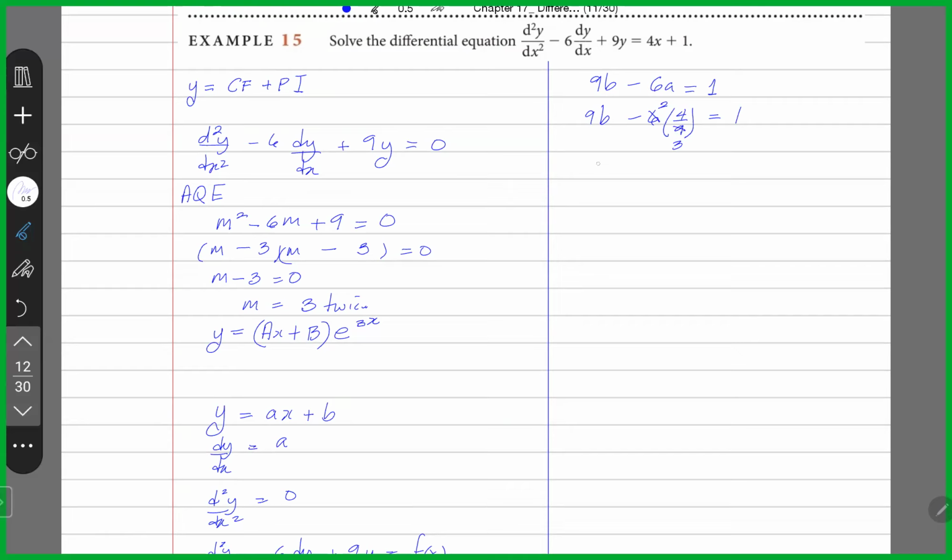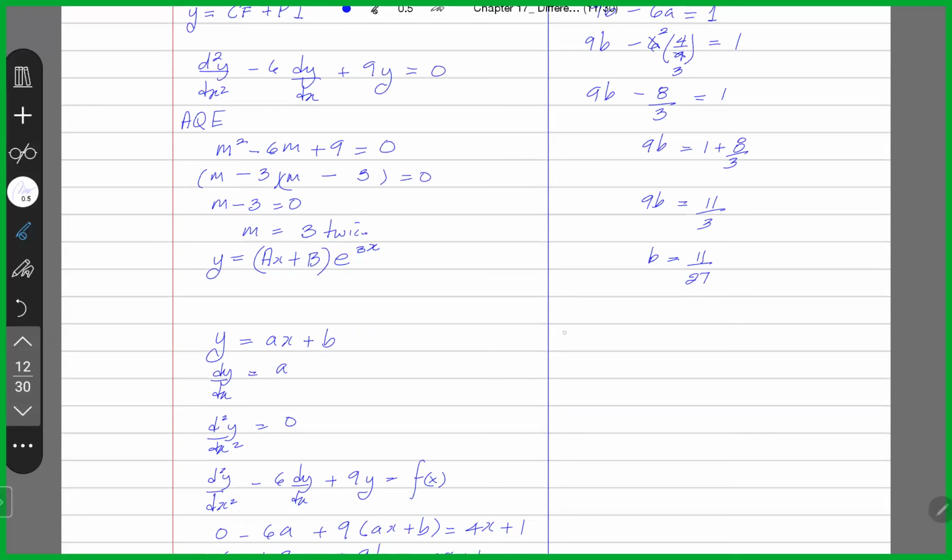We have 9b minus 8 over 3 is equal to 1. 9b is equal to 1 plus 8 over 3. 9b is equal to 11 over 3. Divide both sides by 9 and we get b is equal to 11 over 27.